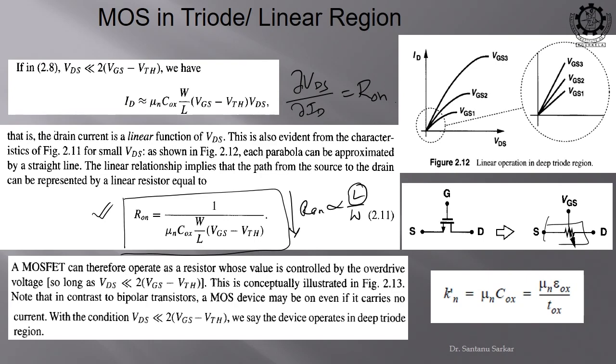So, your driving strength will be better for a given W. Sometimes we model this mu n Cox with k n dash. Okay. So, this is a technological parameter. So, mu n Cox generally sometimes you will see replaced by k n dash, and mu n Cox W by L is known as k n. Okay.